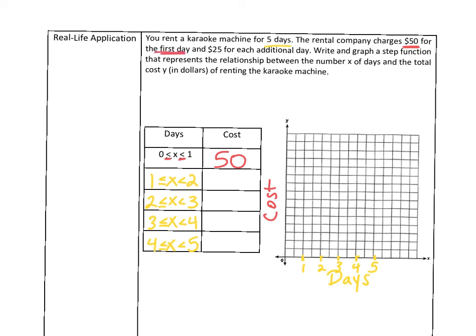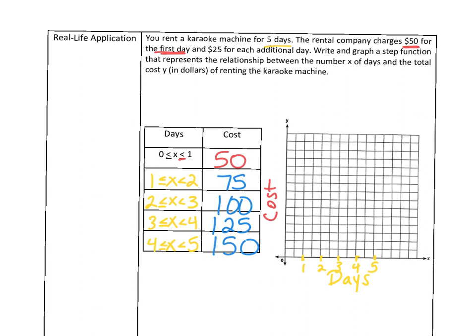Technically, I don't know that this should have a line right here, but it's okay. And then it's $25 for each additional day, correct? So if I were to add another $25, what would the next one be? 75, then what? 100, then what? 125, and 150.